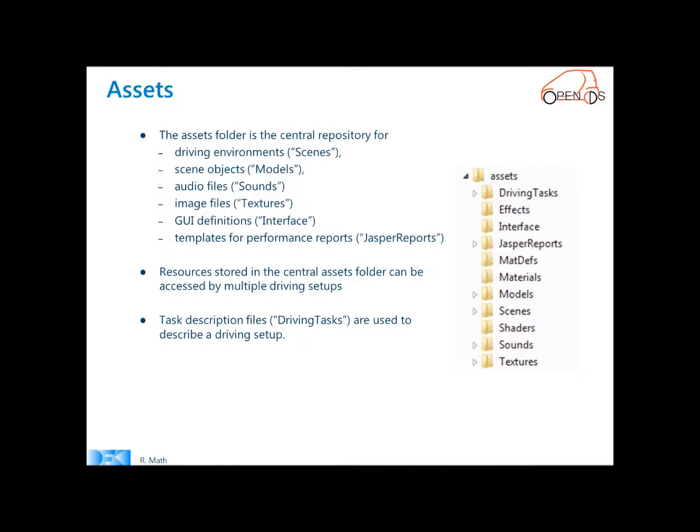All assets are stored centrally. You see, we use them for the binary files, we use them for the source code files. So this allows us to use them for several tasks. We just reference these objects which we want to use. And this leads to the most important folder, which is the driving tasks folder.